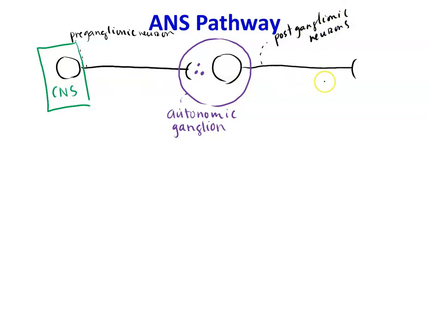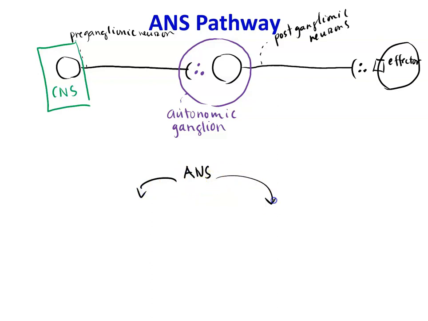So if there's only two neurons, that means this second neuron, the postganglionic neuron, is going to secrete its neurotransmitters, and then this is going to be the effector, right? So here's the receptor, and this is going to be my effector or target tissue, whatever you want to call it.